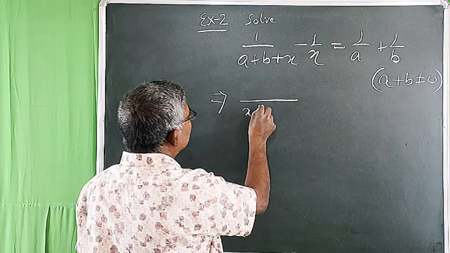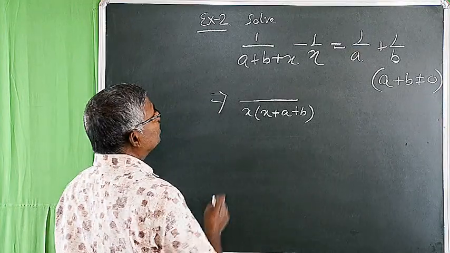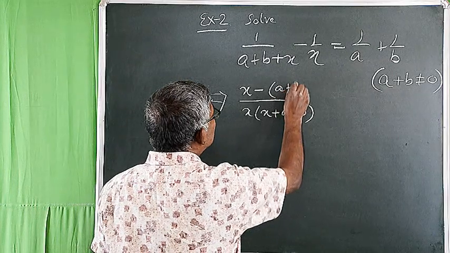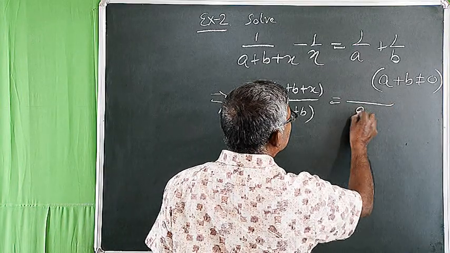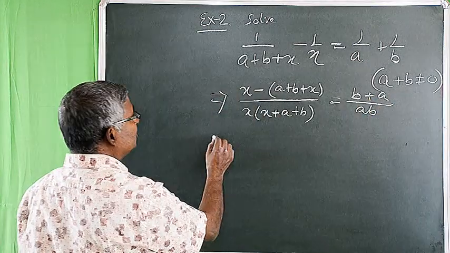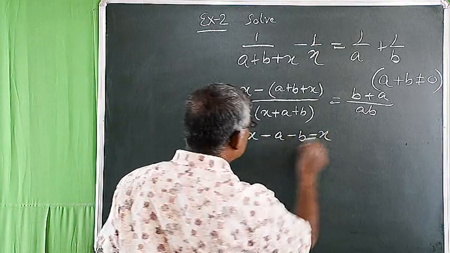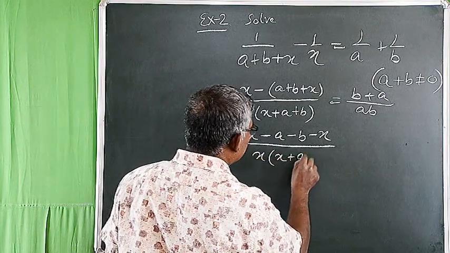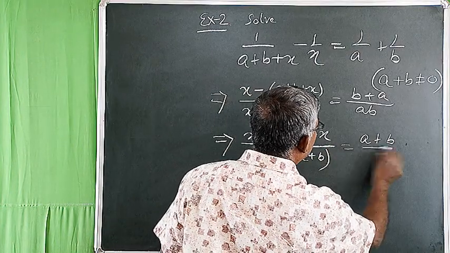Here we take x into x plus a plus b as LCM. So we get x minus a plus b plus x equal to, here ab LCM, that is b plus a. This implies that x minus a minus b minus x by x into x plus a plus b equal to a plus b by ab.